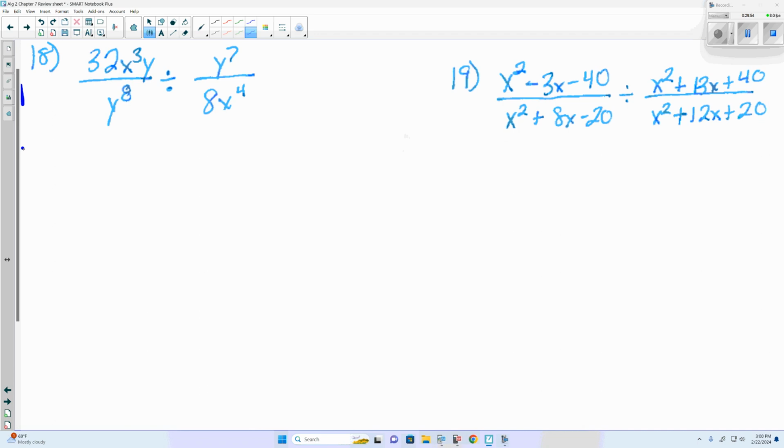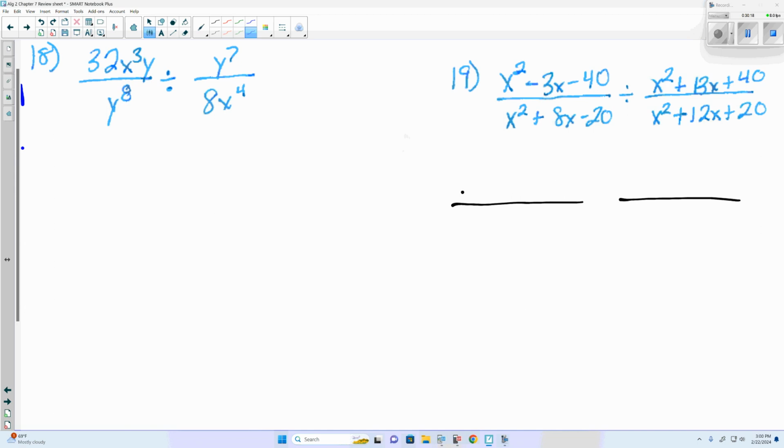Next thing we're going to look at is division. Now, 18, just like the one before, one just like it is not going to be on the test. We're going to have something more like 19. Now, whenever we divide two rational expressions, we do what? Keep, change, flip.